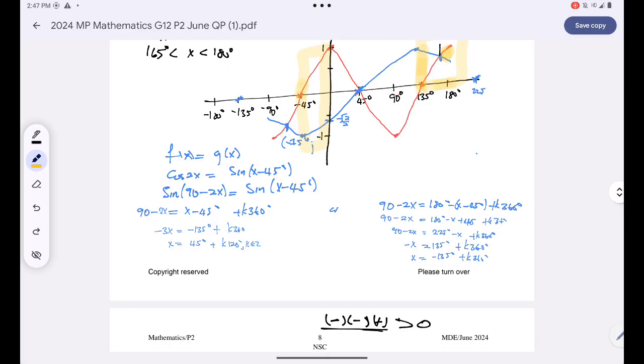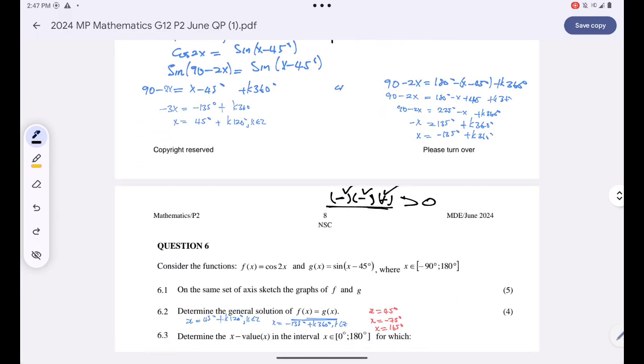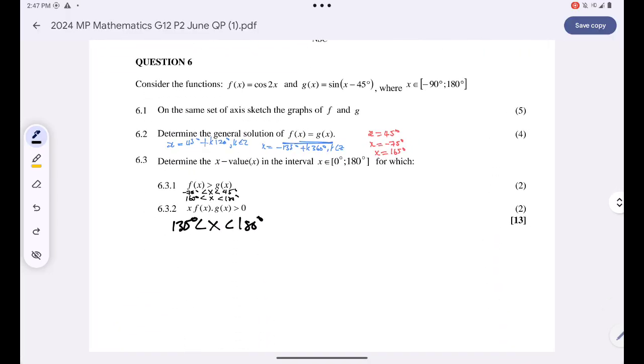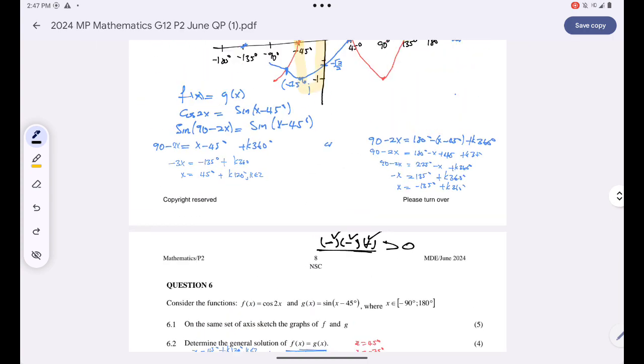If I check there, guys, one of my graphs is above the x-axis, so that means it's positive. Are you together? The other graph is below the x-axis, that means it's negative, and obviously on the left-hand side of my y-axis, x is negative. So this statement can also be true whenever x is between negative 45 and 0. Whenever x is between negative 45 and 0, that statement over there is true.